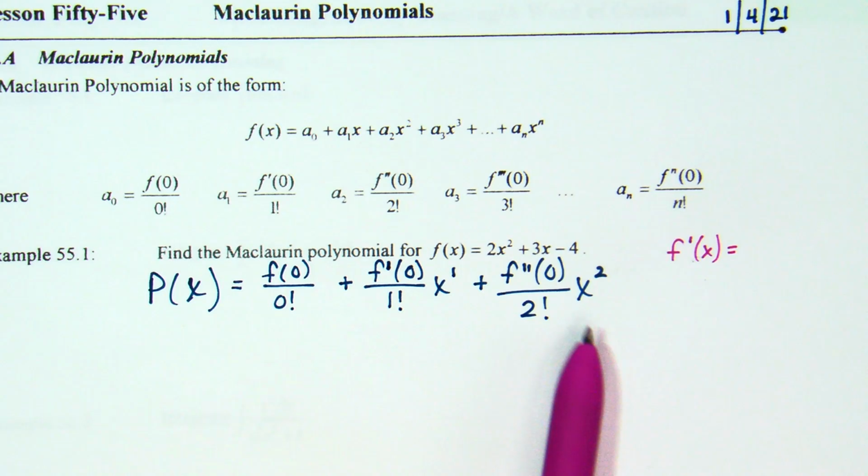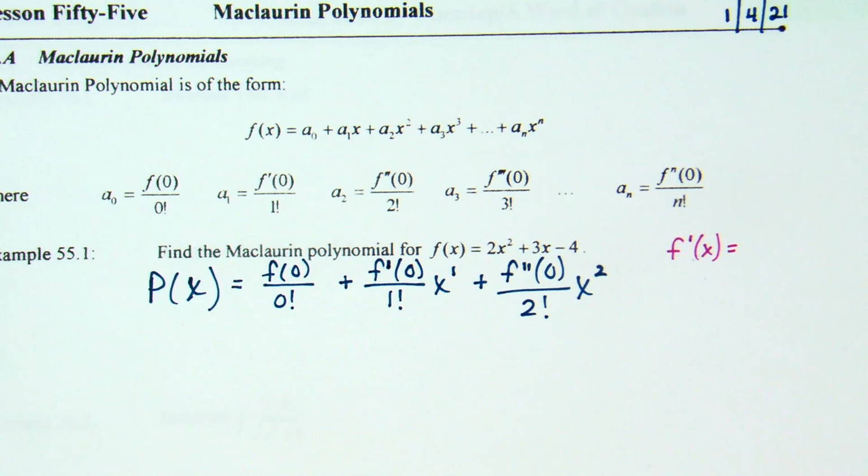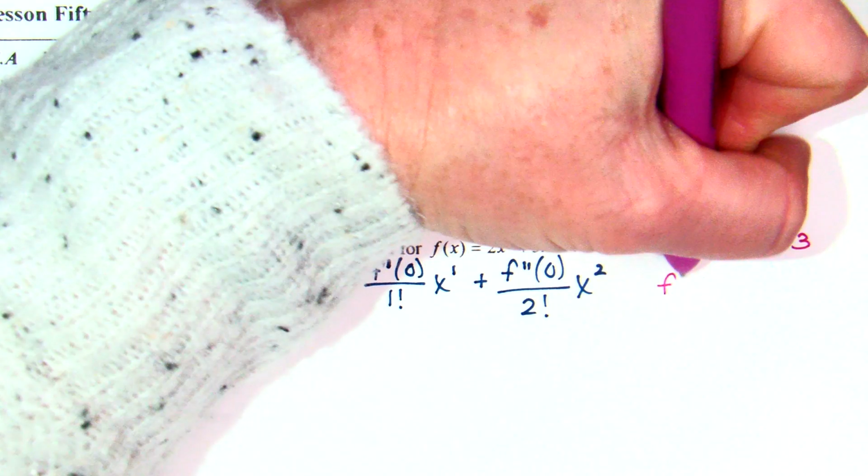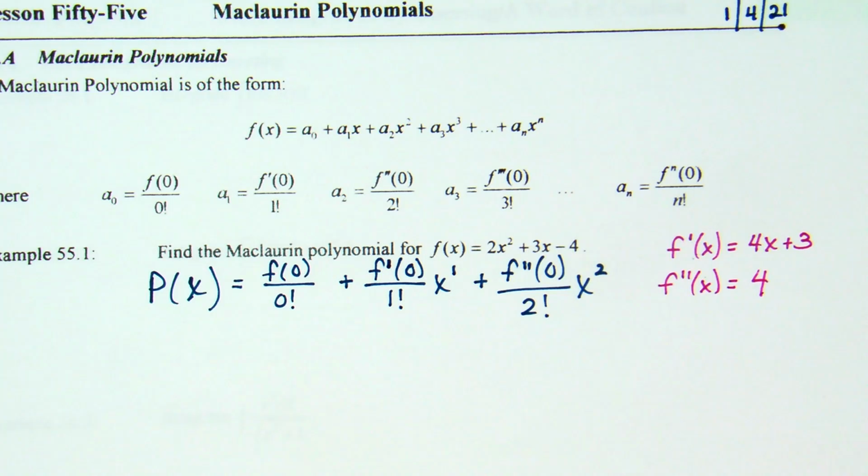So what is the first derivative of 2x squared plus 3x minus 4? 4x plus 3. So we'll be able to put in 0 and evaluate there. What is the second derivative? 4. The third derivative is just going to be 0, and every other derivative is going to be 0. So we can only go as high as the highest power here, which is x squared.